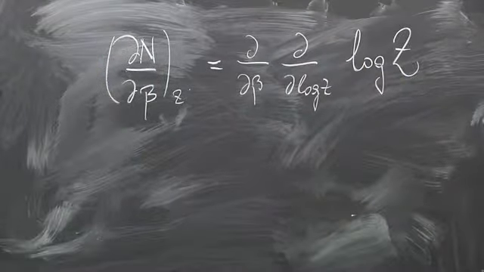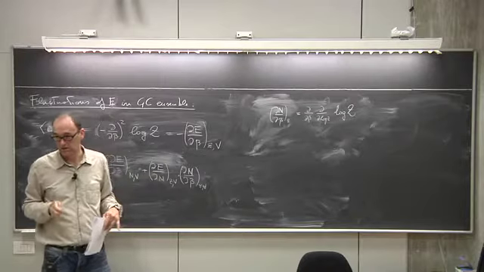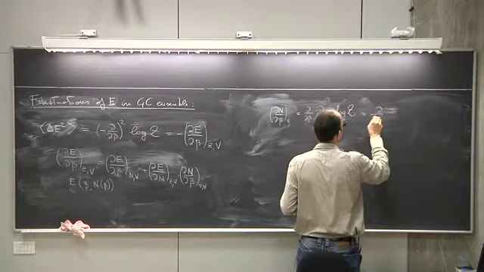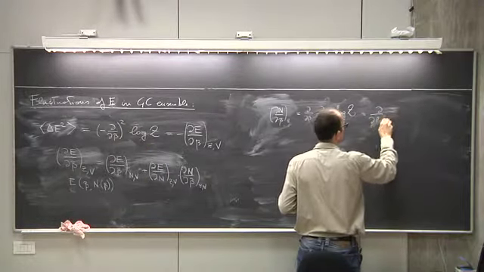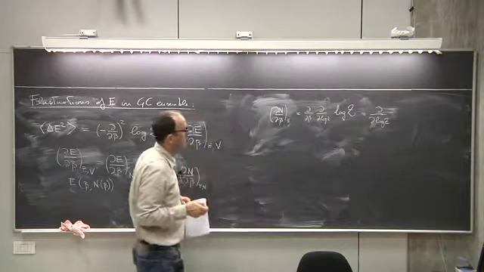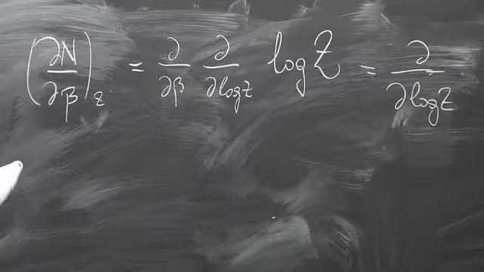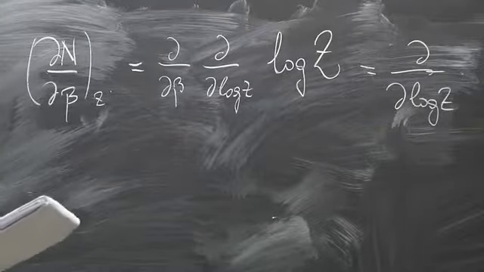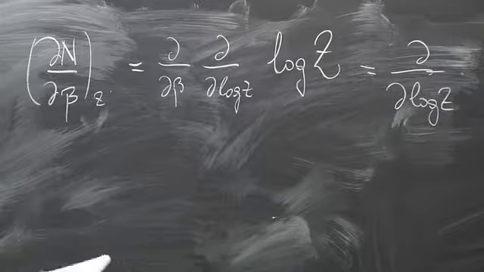I can interchange the two derivatives, so this will be the derivative with respect to log z of the derivative of log Z with respect to beta, which is minus the energy.